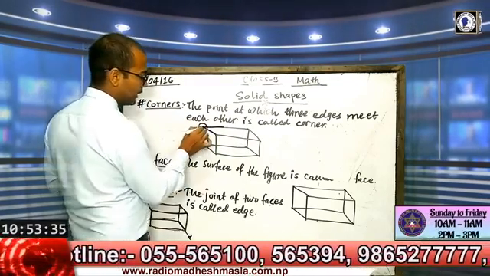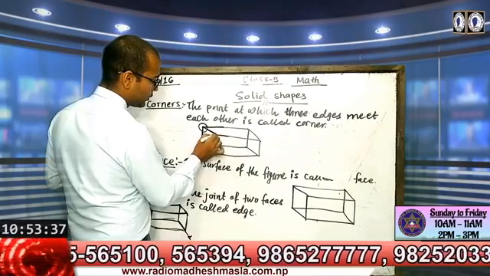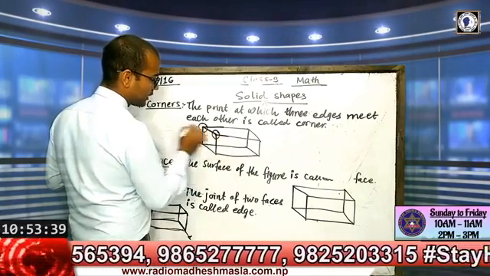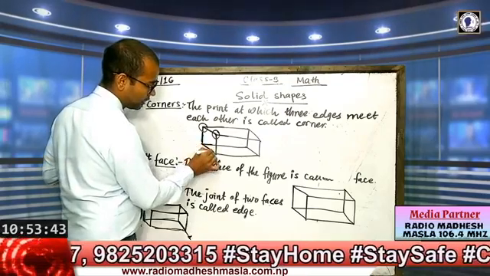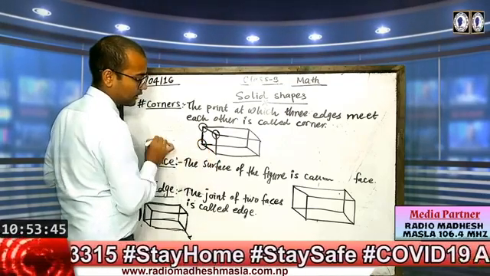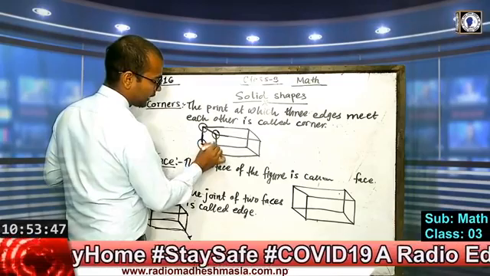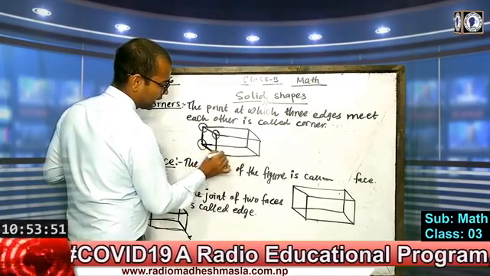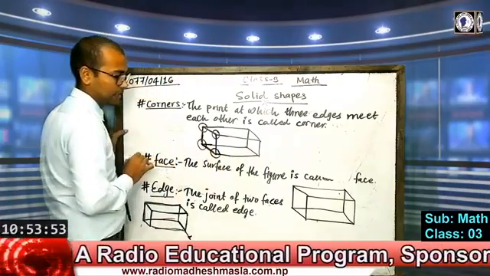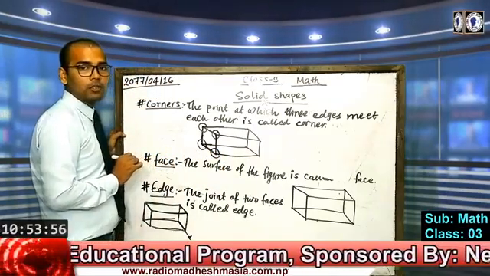In the same way, this is 1, 2, 3. This is another corner. In the same way, 1 line, 2 line, and 3 line. This is the third corner. In the same way, 1 line, 2 line, 3 line, the fourth corner. How many corners? 4 corners.